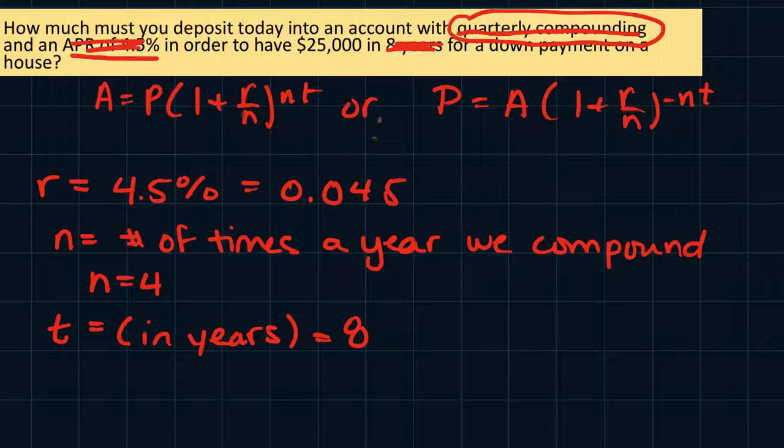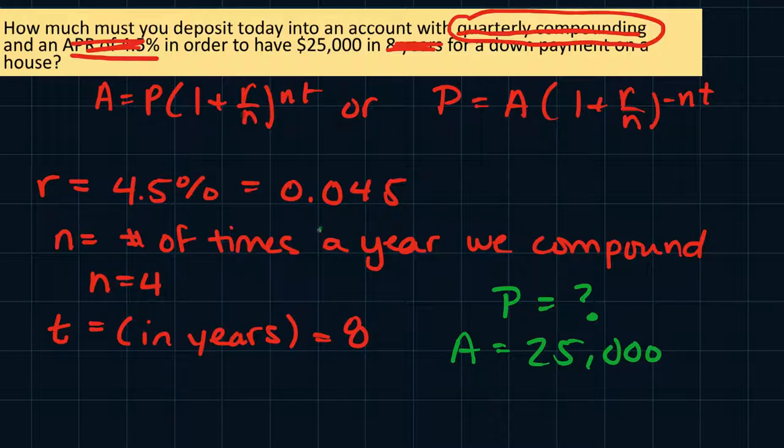Now, do we have P or do we have A in this problem? Let's look at the wording. How much must you deposit today? That means how much of the principal, like what is the principal? So that's what we're looking for. P is equal to what? In order to have, so this is the accumulated balance at the end, A is 25,000.